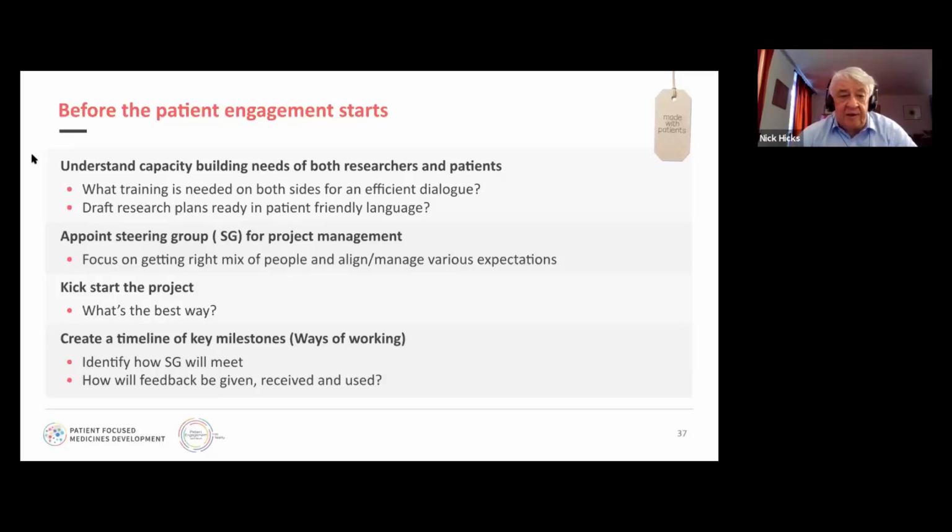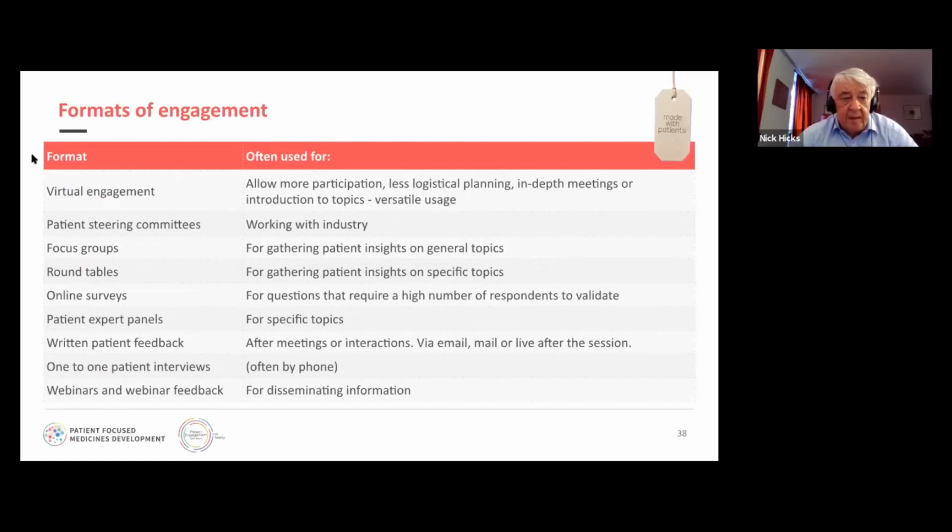Could I have the next slide, please? Yeah, now this slide 6 and slide 7 are very closely related. What is the best format? And it really does depend. Now, the good thing is that all of these activities which you're looking at here are currently being used in later stage development.